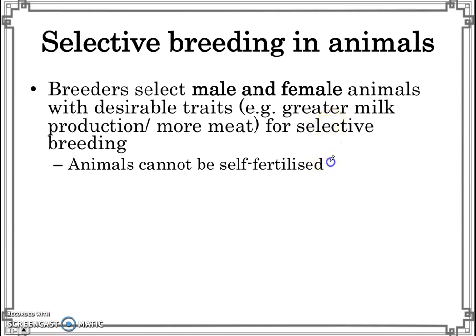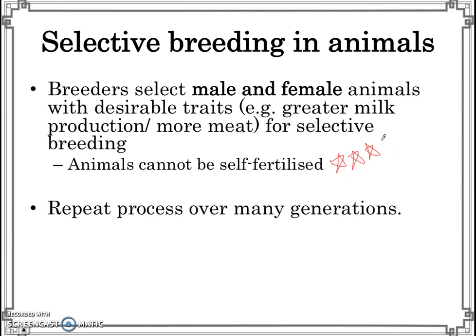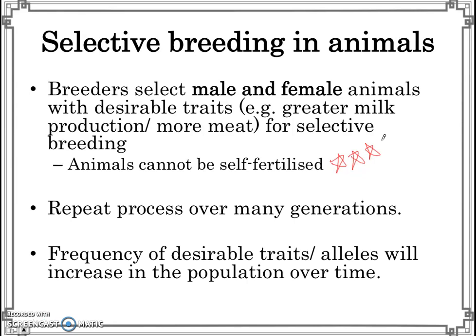Now take note, the important difference is that animals cannot be self-fertilized. There's no way a female cow is going to fertilize itself. And then I just repeat this process. So in the next generation, I pick the best females and the best males, and I breed them together. And over time, you'll get an increase in the frequency of your desired trait: more milk production in the females and better meat in the males.